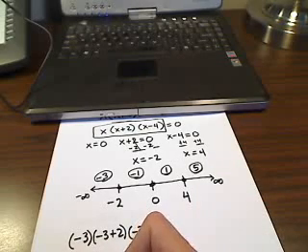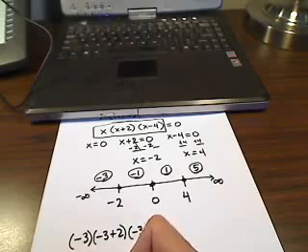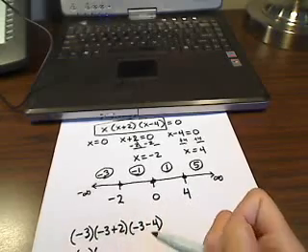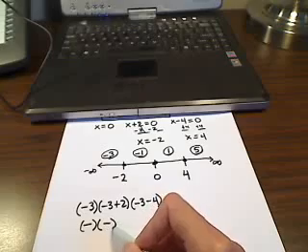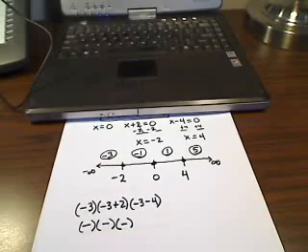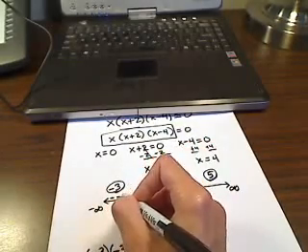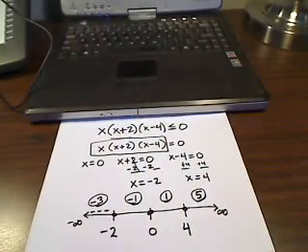So I just look at the signs here. This is a negative number. Negative 3 plus 2 is negative 1, so that's a negative number. And this is a negative number. You take 3 negative numbers and multiply them together, and you get something negative. So on my number line, I'm going to show that as being negative.